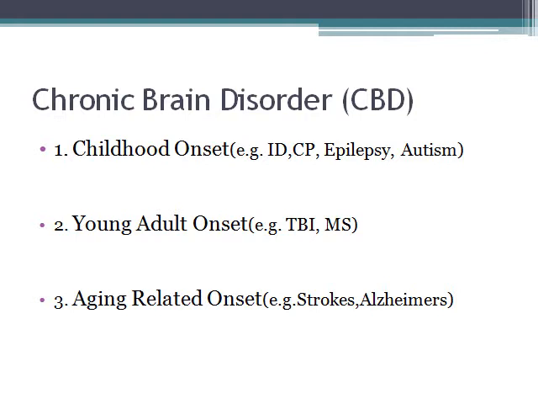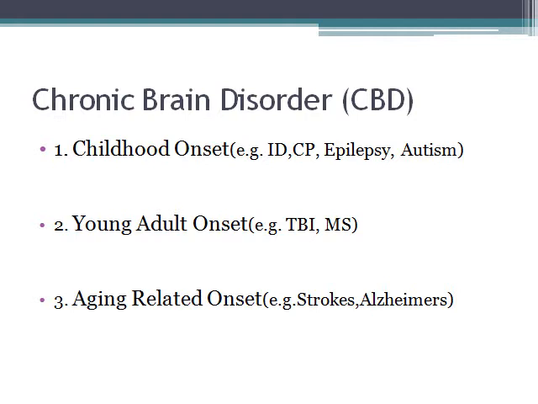Before we get into the discussion of fractures, I'm going to give you a little background on chronic brain disorders. The IFCD mission is to try to improve the quality of care for patients with chronic brain disorders. And chronic brain disorders fall into three major categories. There's the childhood onset, for example, developmental disabilities, intellectual disabilities, cerebral palsy, epilepsy, autism.